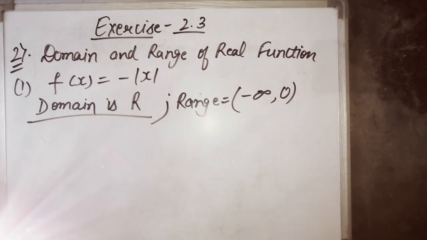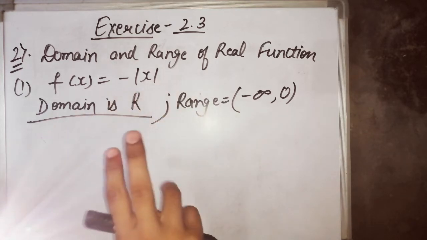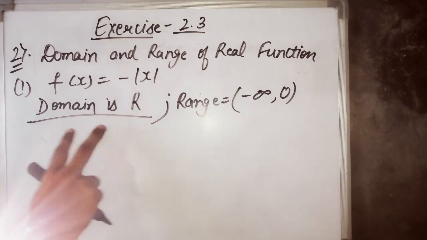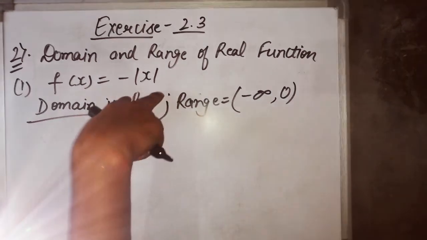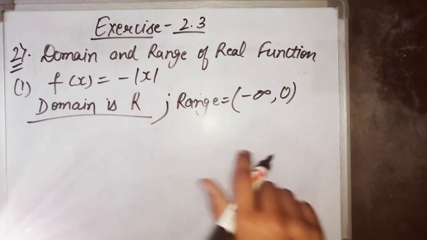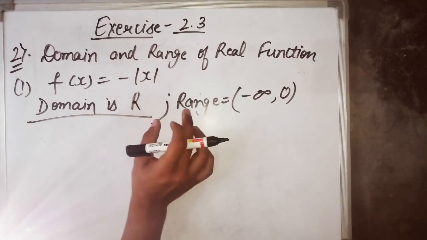First of all you need to understand what is domain and what is range. Domain is the thing which you put in, the input, and range is what comes out, the output. For example, you put 1, but you will get minus 1.